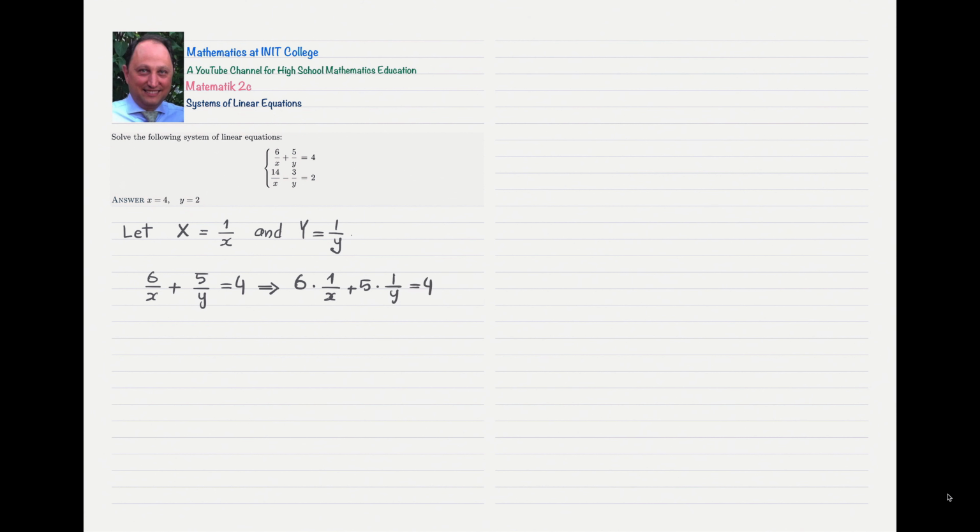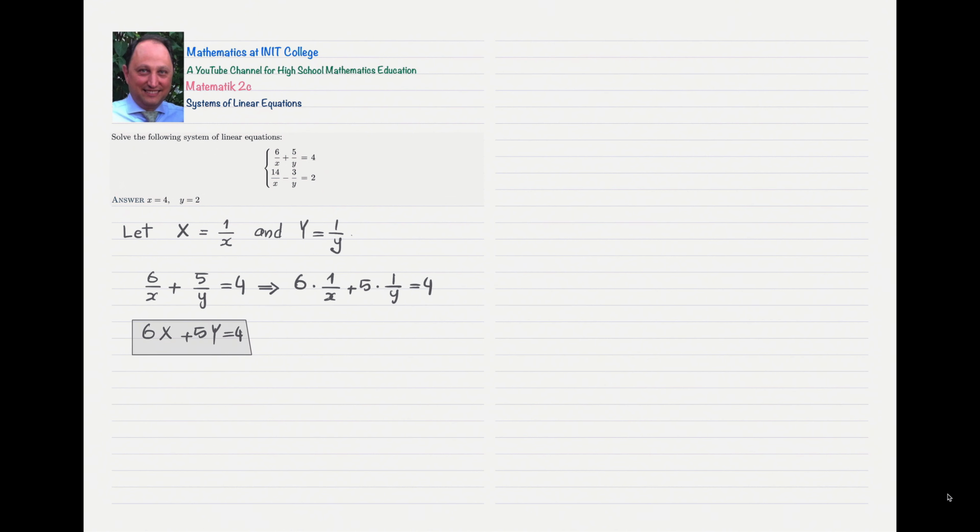But now instead of 1 over x, I can put capital X, and instead of 1 over y, I can put capital Y. So then the equation will read in this form: 6X plus 5 times Y is equal to 4. So that is one of my equations now.